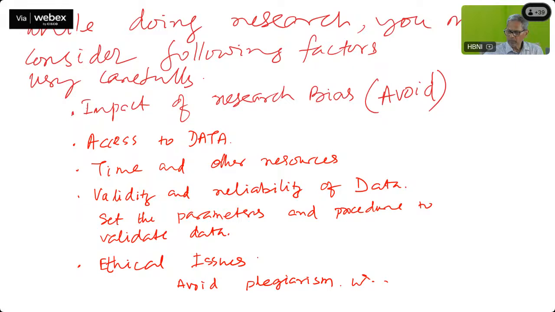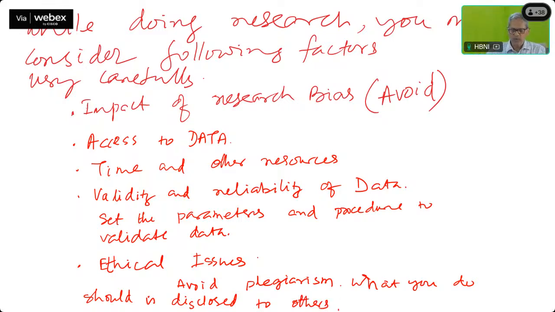Whatever you do should be disclosed to others. You cannot hide anything. You should disclose whatever you are doing. Yeah, these are things you must remember while doing research.